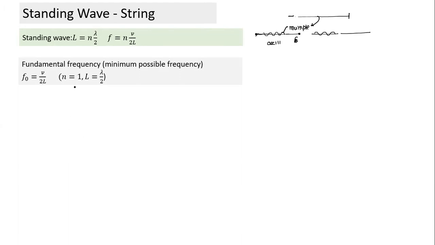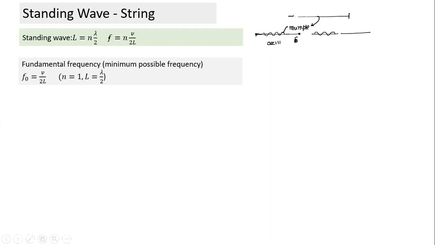What is the fundamental frequency? Now we define certain terms, and these are more like definitions. All such frequencies or wavelengths which satisfy this equation are possible to form a standing wave. Other wavelengths and frequencies will not exist. Is there only one frequency possible? No, there are multiple frequencies possible for different values of n.